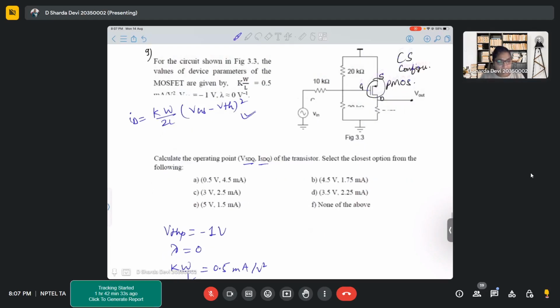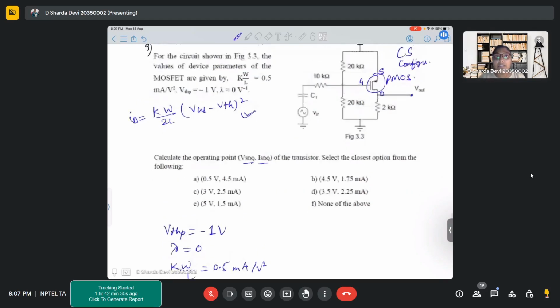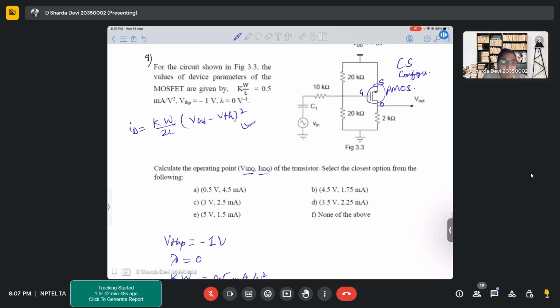Can we say in such a way that if the input is voltage, it is CS? See, sometimes that might be tricky because there is a possibility that you have a CG amplifier, but somebody has designed a circuit and said that they are going to apply voltage at the source. That is possible. So if you judge depending on whether the input is voltage or current, then you might go wrong.